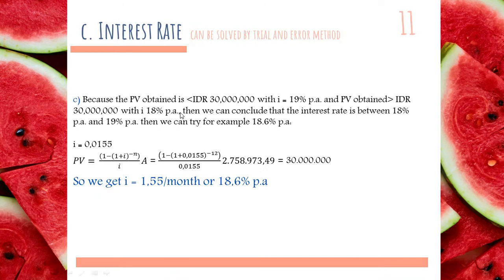Next, because the PV is obtained, we can conclude that the interest rate is between 18% and 19%. We can try, for example, 18.6%, and then we get PV is about 30 million Indonesian rupiah. So we get the i is 18.6% per annum.